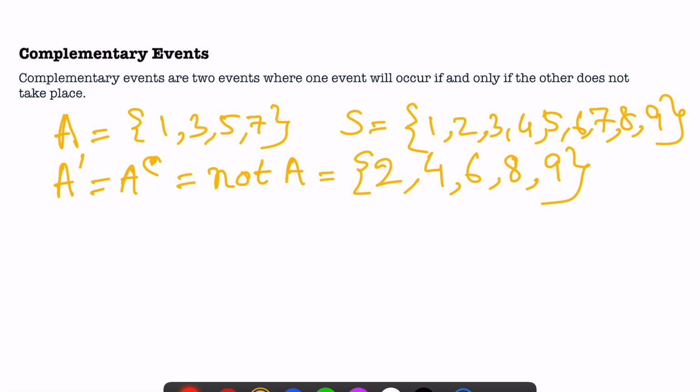So 2, 4, 6, 8, 9, this is the complement of event A.